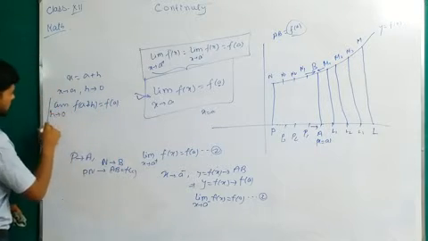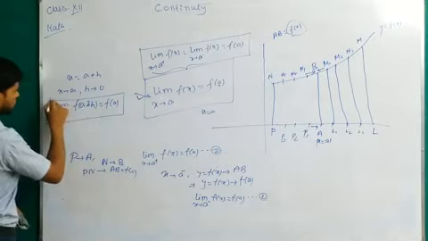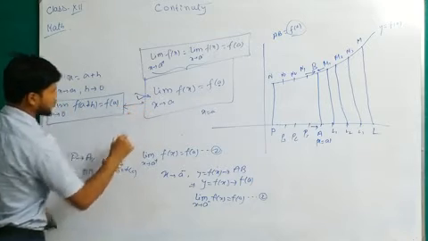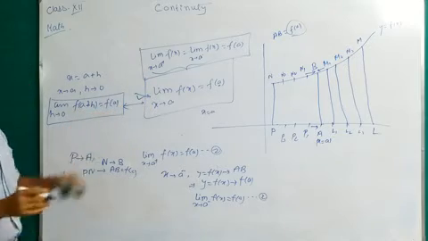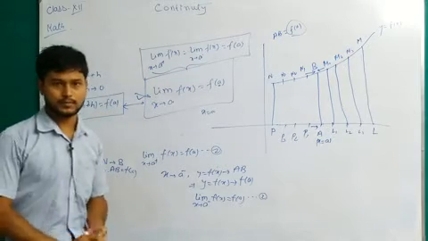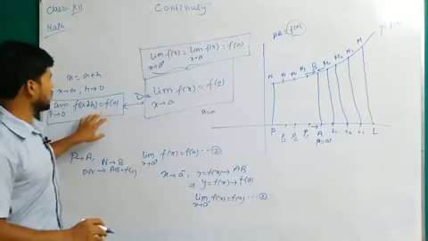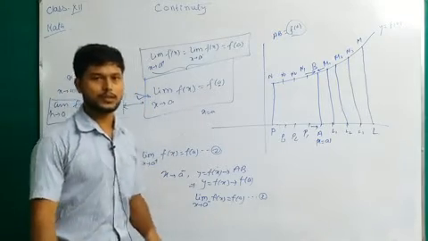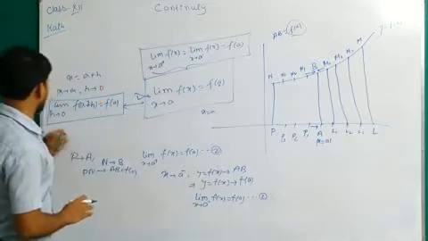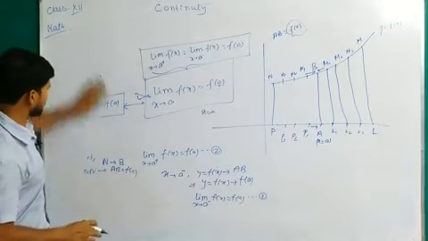If this condition is satisfied, then we also say that the function is continuous. So basically these three definitions look different, but actually they are the same. If any one of these three conditions is satisfied by the graph at any point, then the curve is said to be continuous. Now we come to the definition of a continuous function.